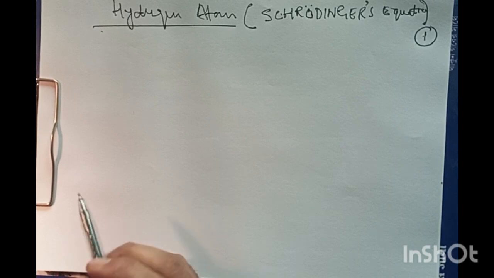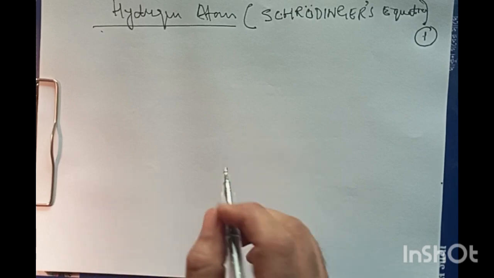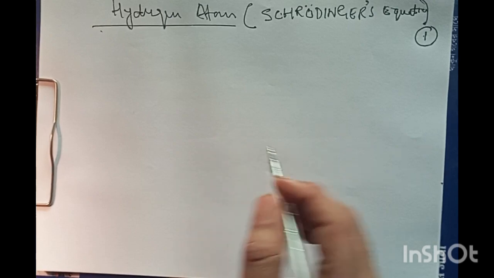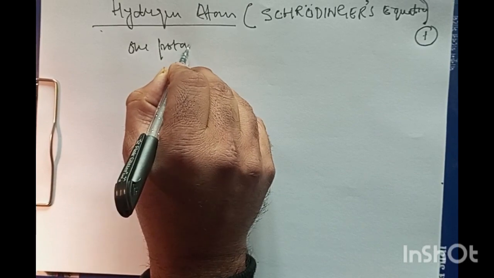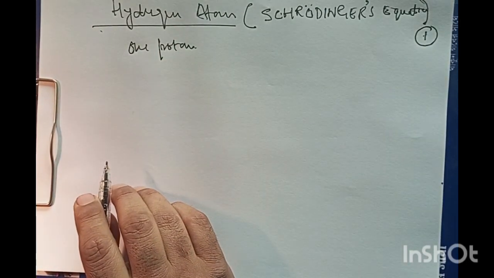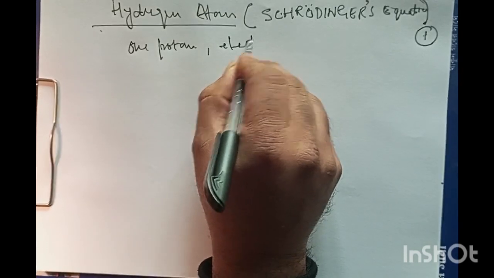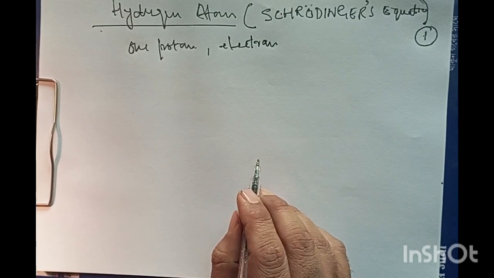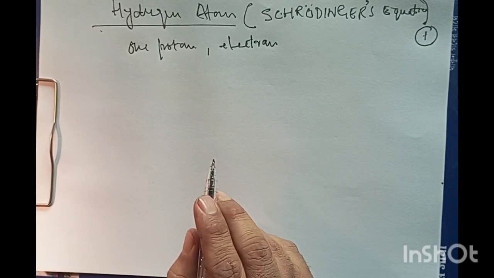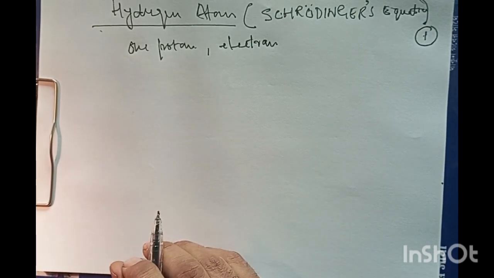If we have to start, what we should say is that in a hydrogen atom, we have one proton, and we have an electron. This electron is outside the nucleus, and it has a charge and it has mass.